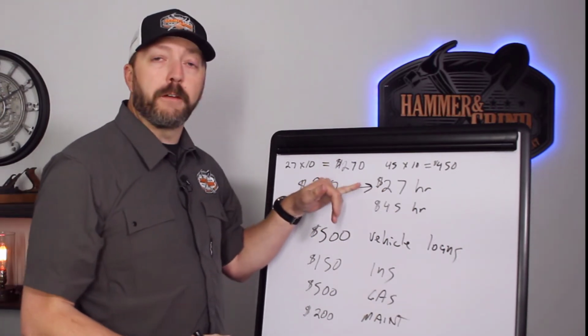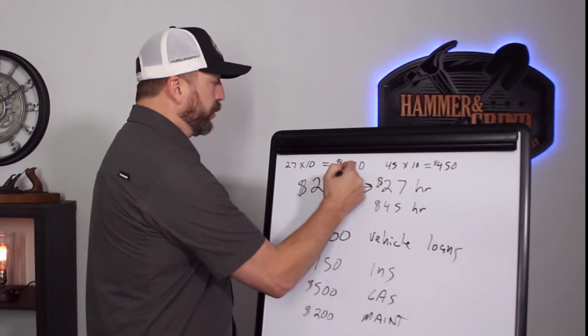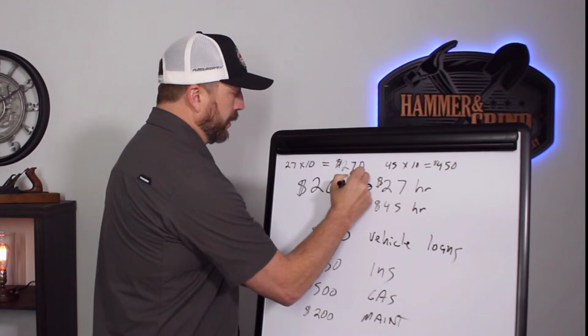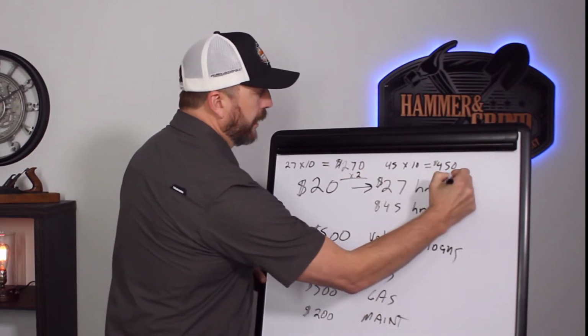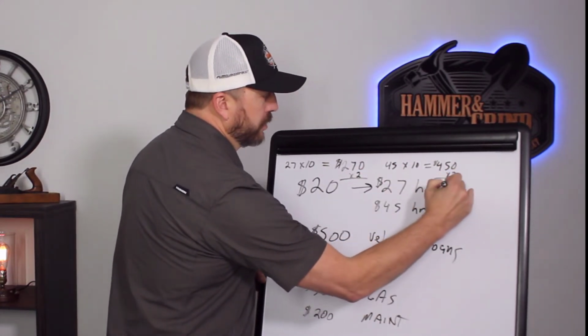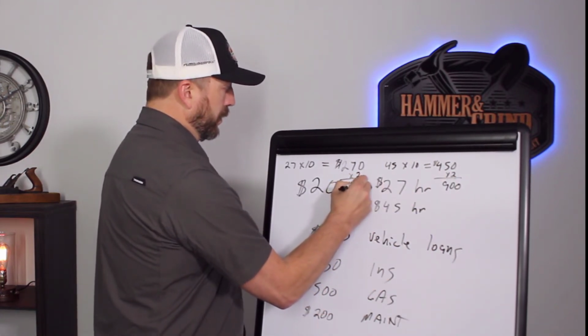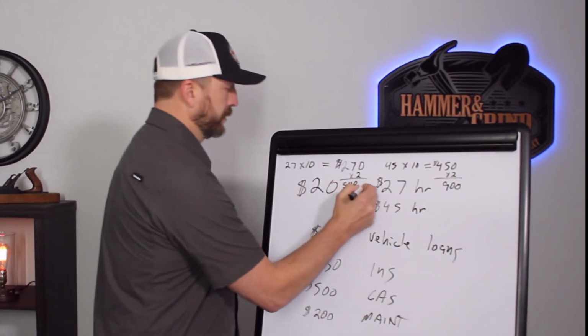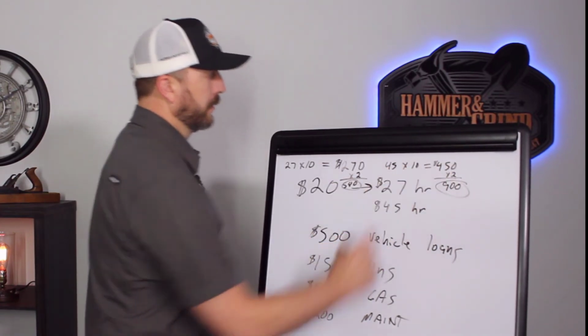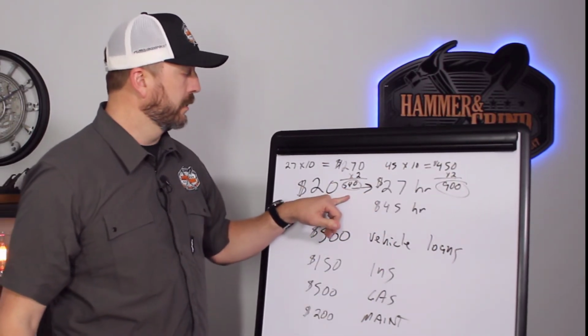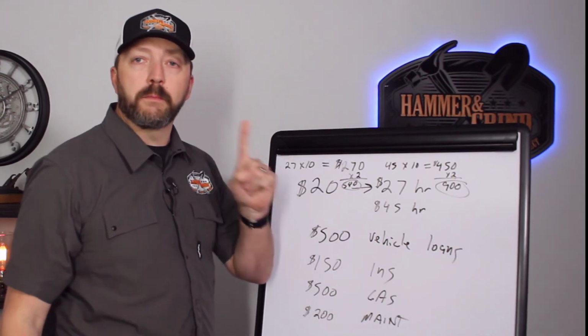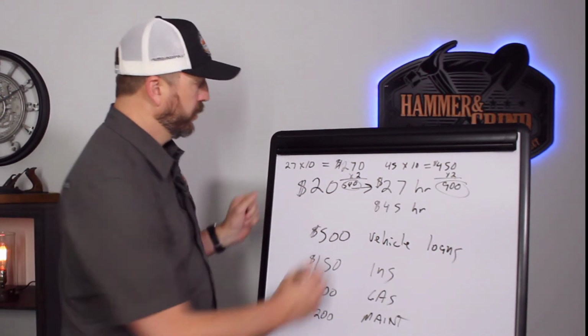Now, when you do your 50% markup, if you take 270 times 2 and you take 450 times 2, look at the difference. Look at the difference in cost in what there is just on one employee. I don't know if you can see that or not.